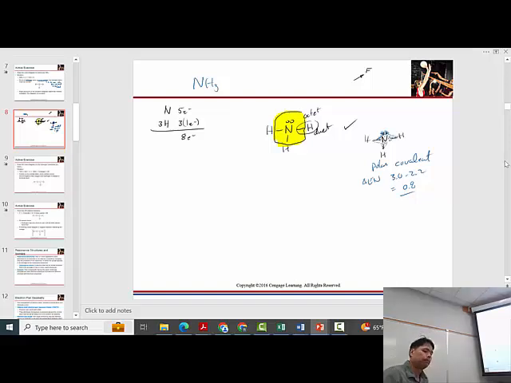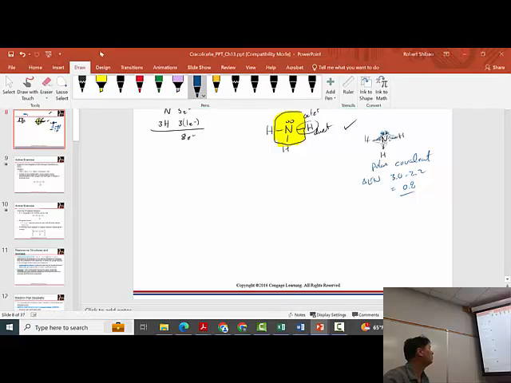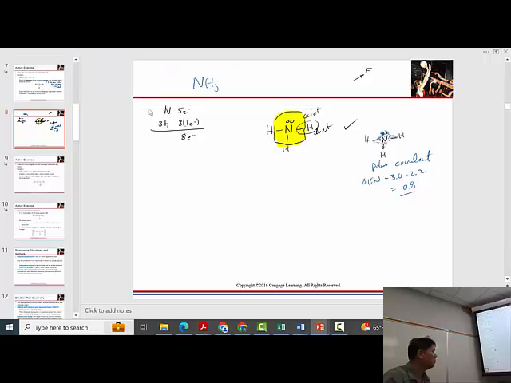Did you say that the electronegativity is 0.8? The difference in electronegativity, delta EN. The 3.0 is nitrogen, and the 2.2 is hydrogen. The difference between the nitrogen and hydrogen is 0.8, which means it's polar covalent.